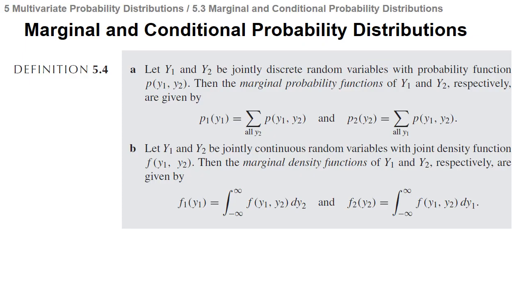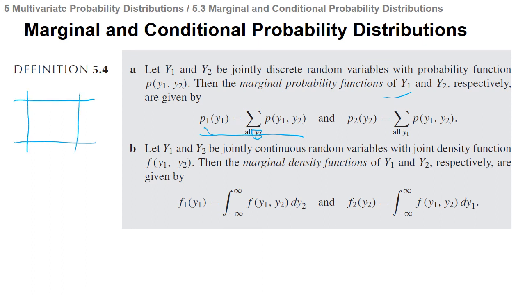Then the marginal probability functions of Y1 and Y2, respectively, are given below. So the marginal probability function for Y1, p1(y1), is the sum of all p(y1, y2) with respect to y2.